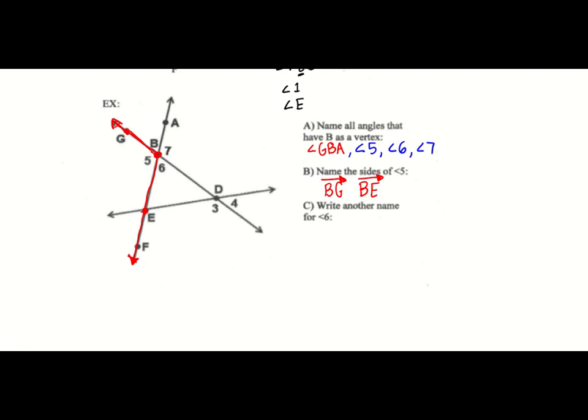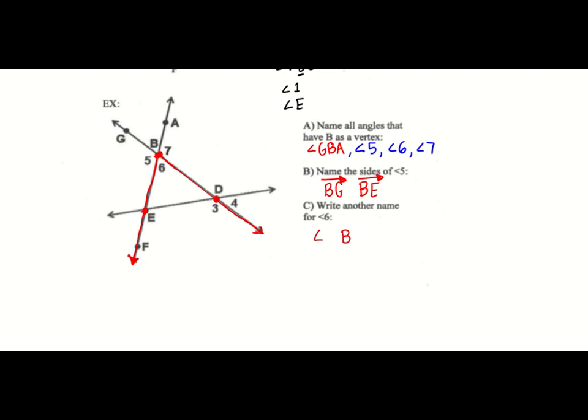Last one, write another name for angle 6. Okay, if we have angle 6, that means we're looking at this angle right here. Now, I'm going to pick 3 points for angle 6, and my vertex there is B, so right away B is in the middle.